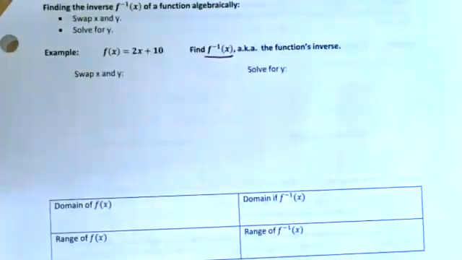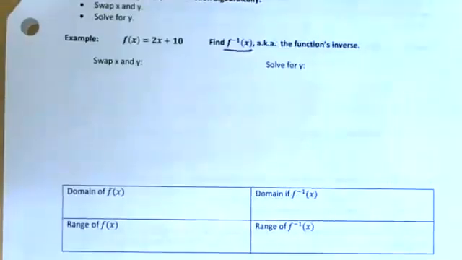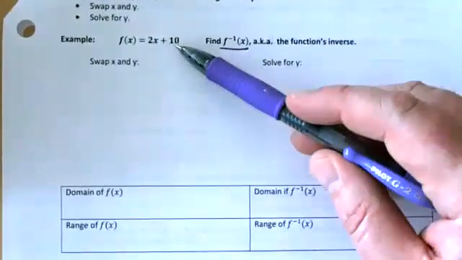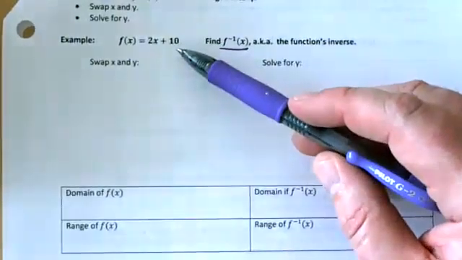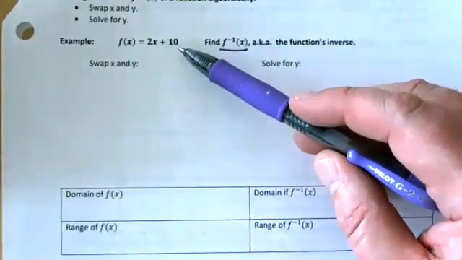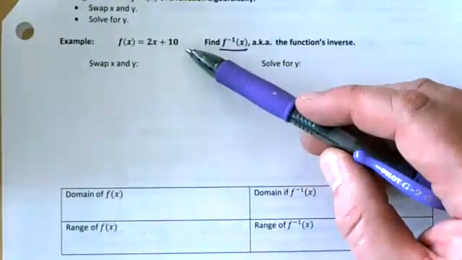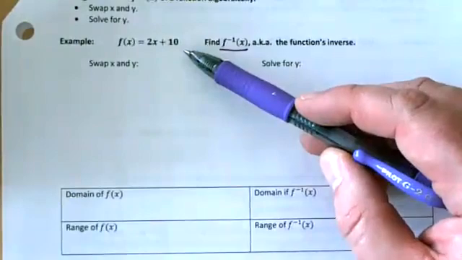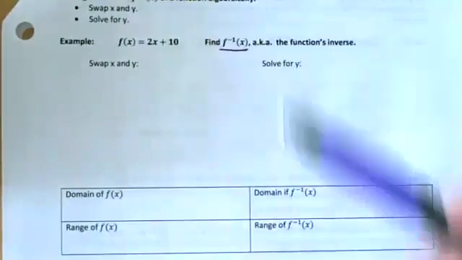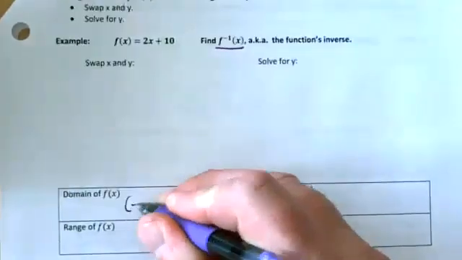So we're going to practice taking a function, finding its inverse, and then analyzing domain and range of both the original and the inverse. So why don't we start by looking at this and talking about the domain and range of just the original function. This is a linear function, right? Domain's going to be what? Yeah, all real numbers.